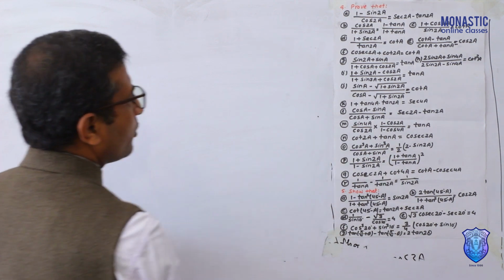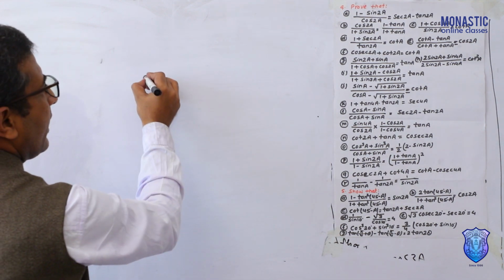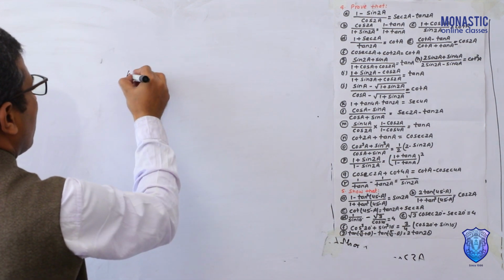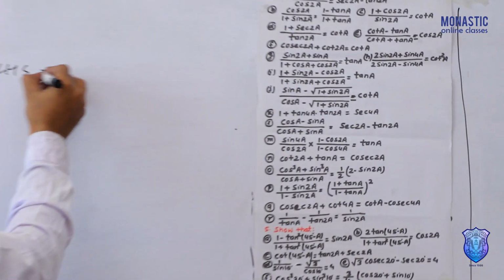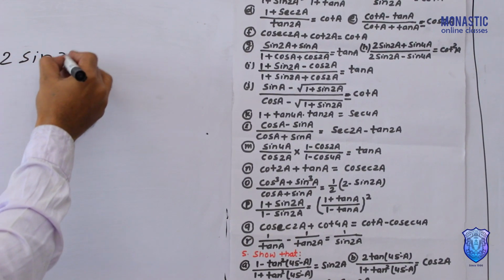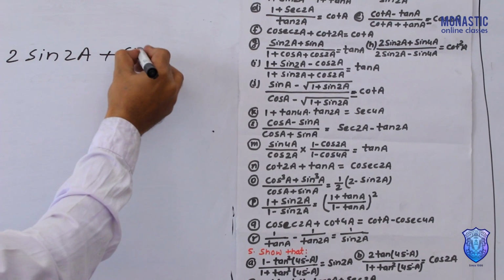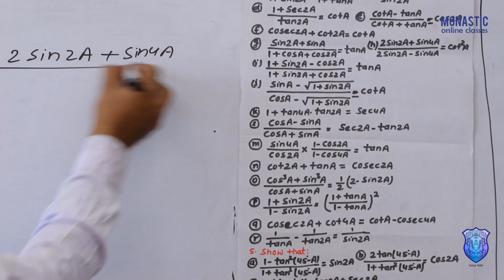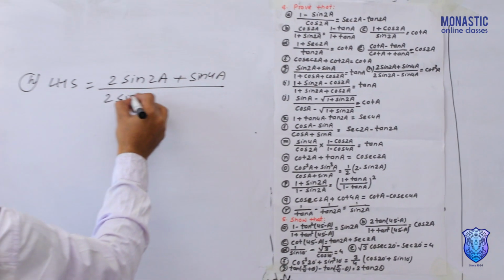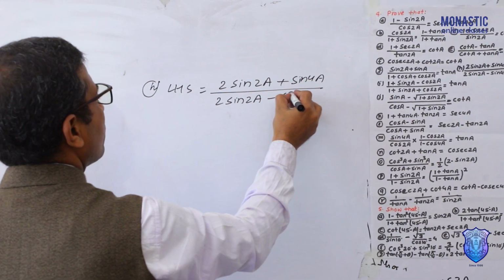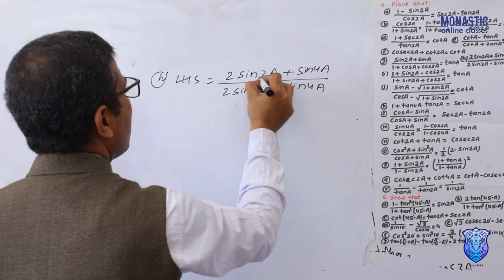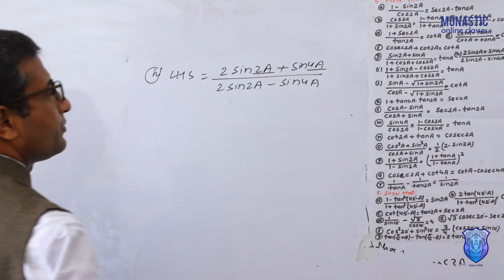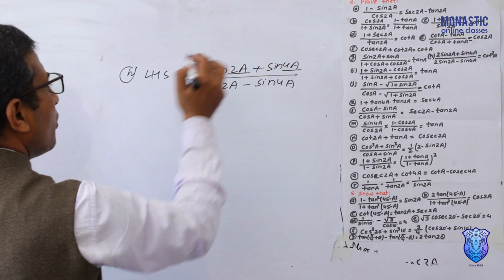Now, question number H. LHS is 2 sin 2A plus sin 4A by 2 sin 2A minus sin 4A. Here is 2A, here is 4A. First convert 4 into 2.